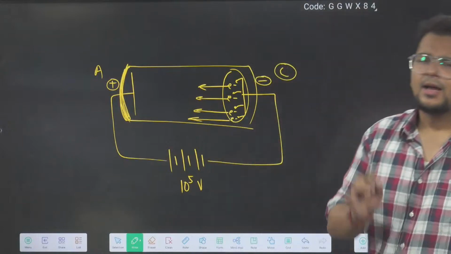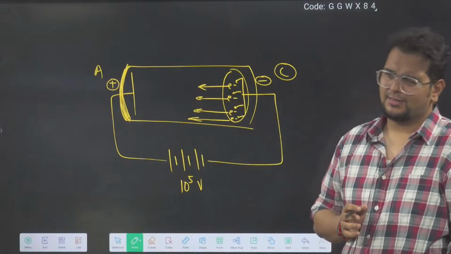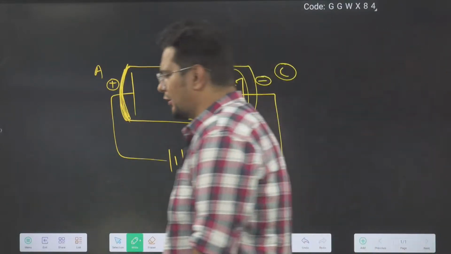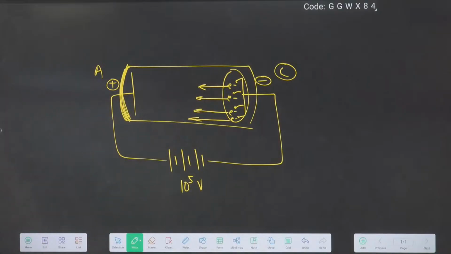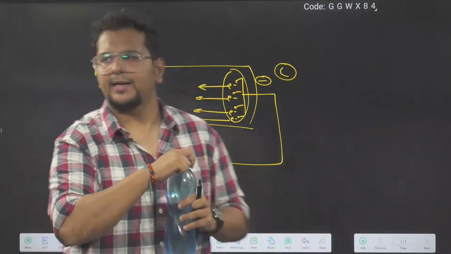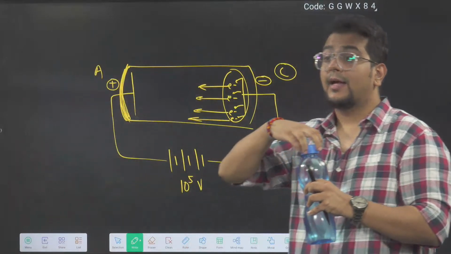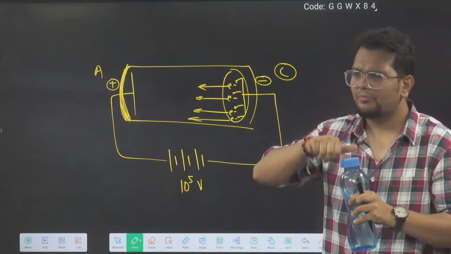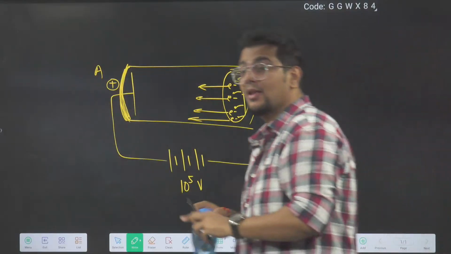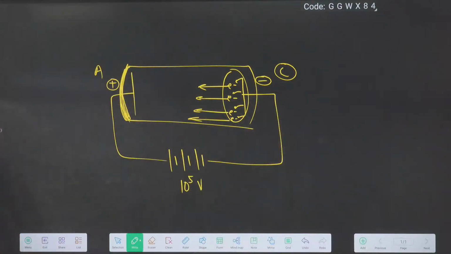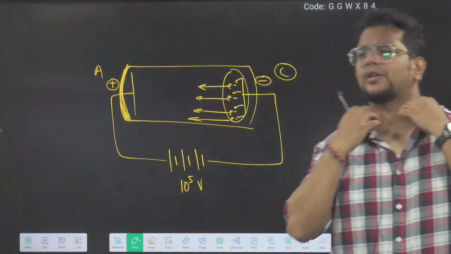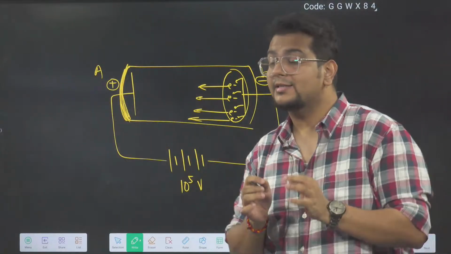Correct, bhai? Cathode ray particle properties are dependent on the nature of gas or independent of the nature of gas? Independent. What's the reason? Any gas I keep, I will get the similar kind of cathode ray particle. Why?